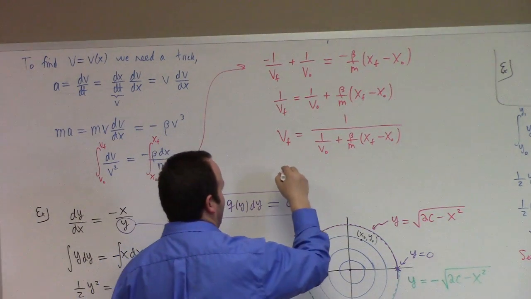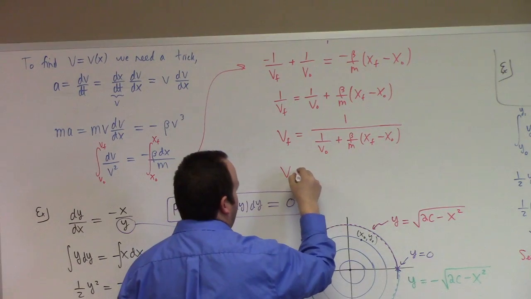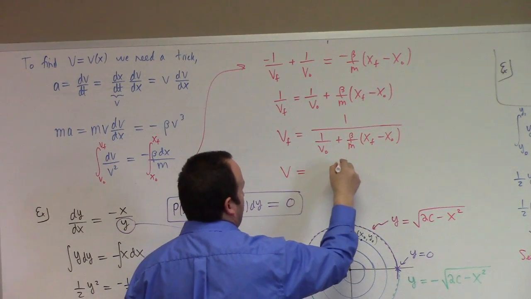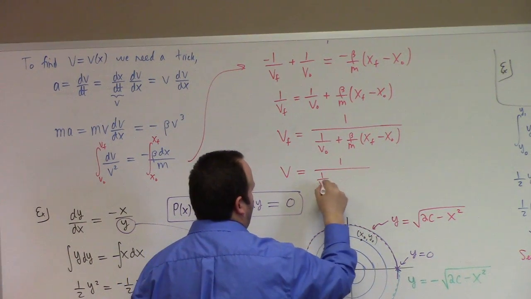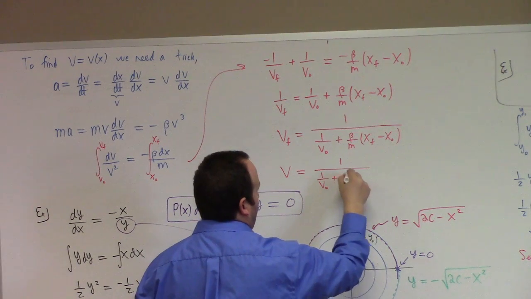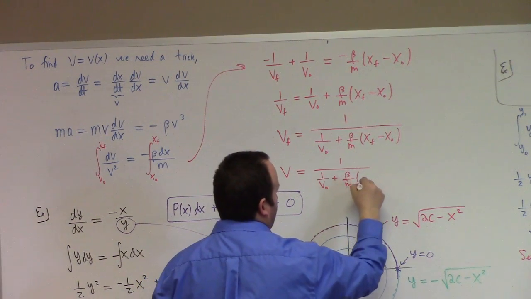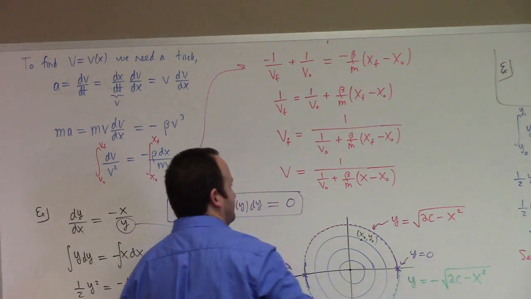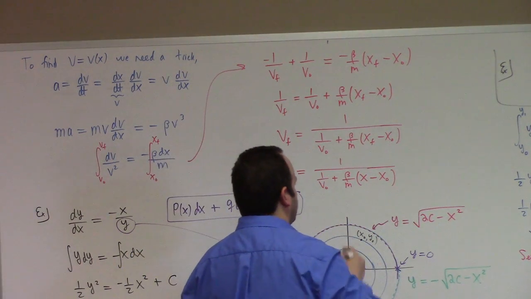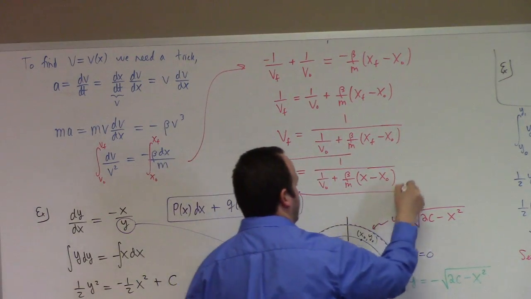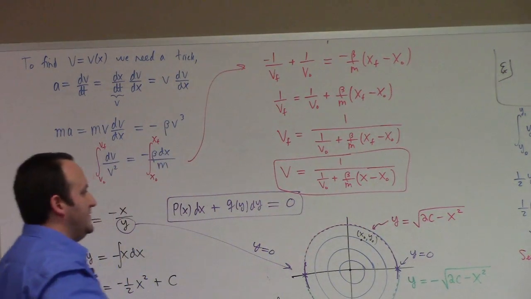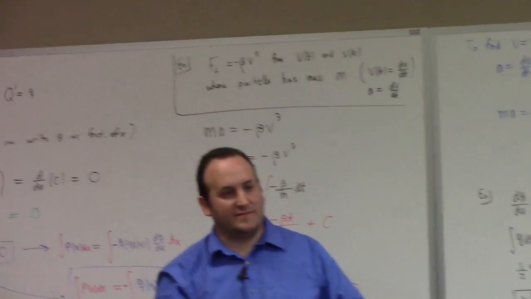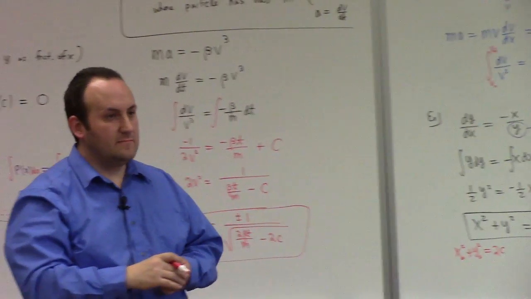It lived a good life. v of x is just 1 over the quantity 1 over v naught plus beta over m times x minus x naught. So there you go. That would be v as a function of x, where I just happen to write it in terms of initial velocity and initial position as well.